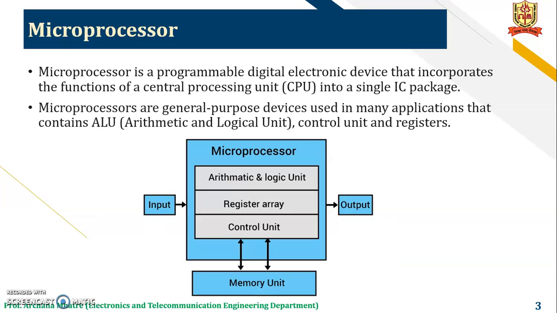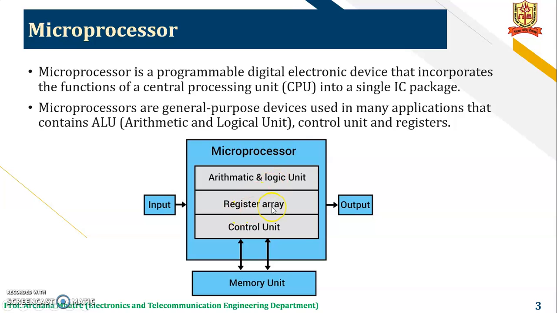Now next, microprocessor. Now this is the block diagram of microprocessor, which consists of input and output. This is the input of microprocessor, this is the output of the microprocessor, and the microprocessor consists of an arithmetic and logic unit, that is ALU. In that ALU, all the arithmetic and logical functions can be performed.